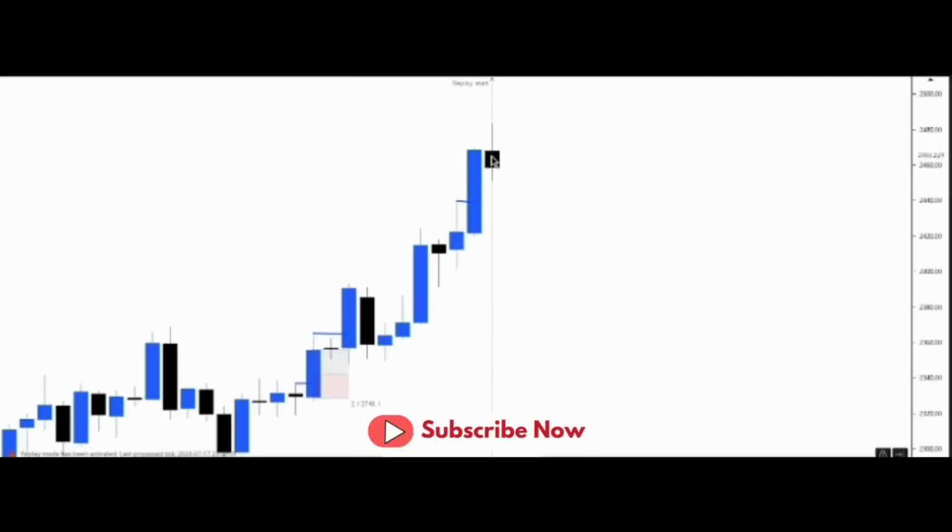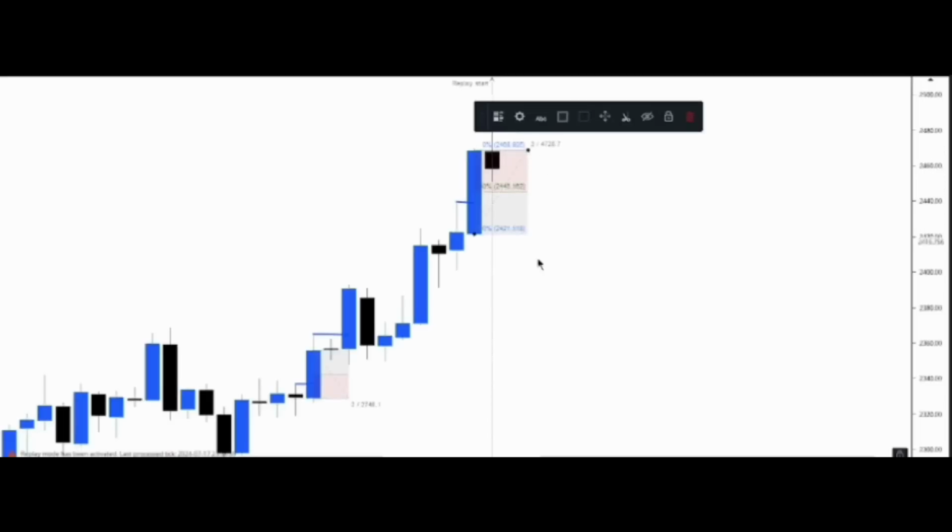So with that in mind, take your fib tool and then mark from the low of this candle, being a bullish candle, not the low actually, mark from the open of that candle, take it all the way to the close of this candle. Simple. So just like so.